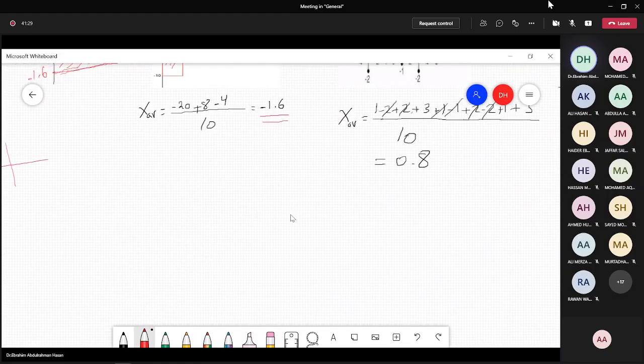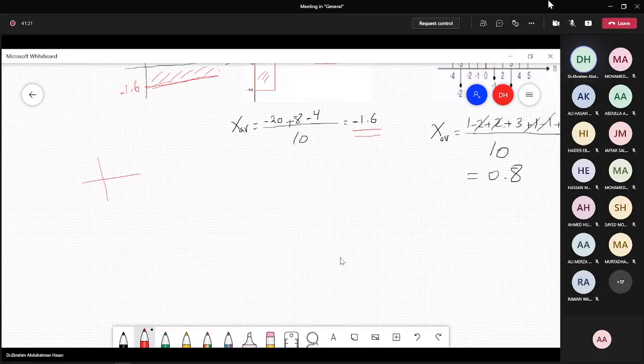Okay, if we have a sine wave, sine or cosine, or a square wave for example, then the average value is always equal to 0. Why 0? Because, as we said, it is the total area under the curve divided by T. T here is periodic, from here to here.